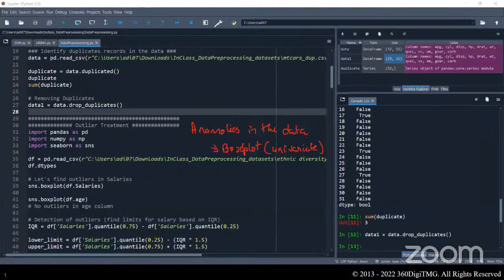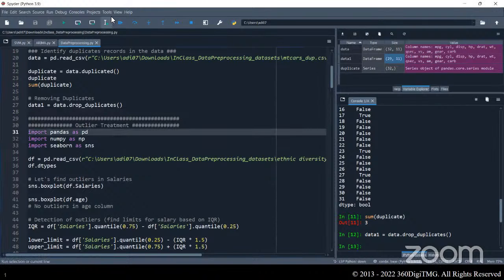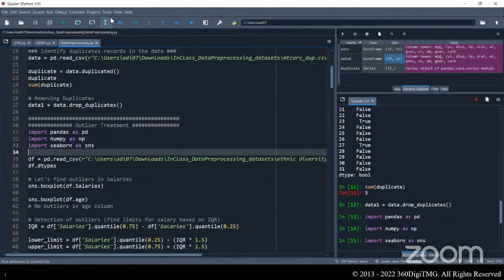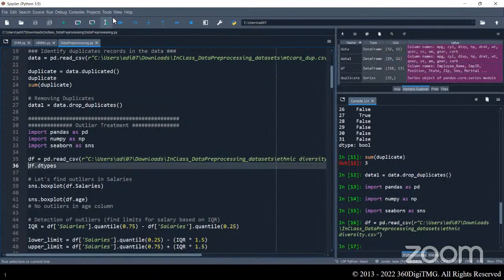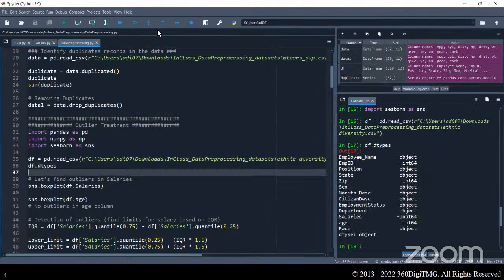All right, so let's see. We'll import the necessary libraries. We take a look at the data. Now you have to remember one thing, box plot can only be performed on numerical data. You cannot do box plot for object data.